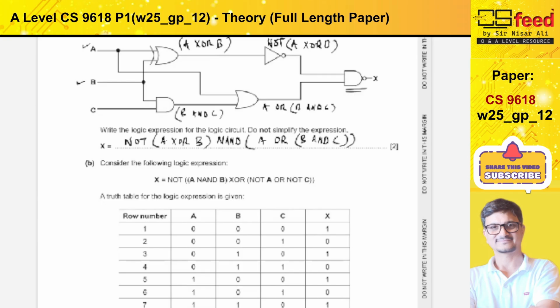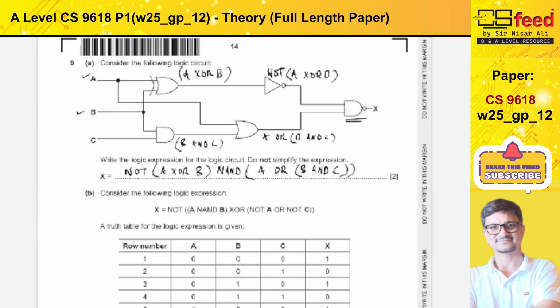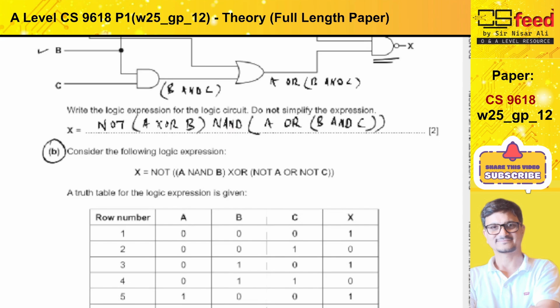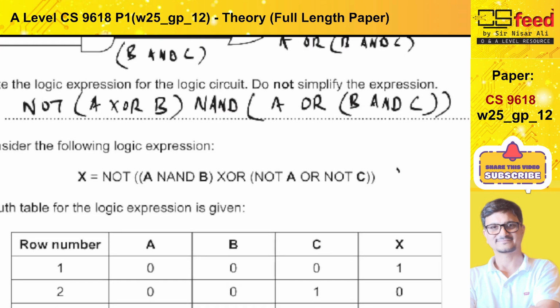Now the question's B part. Now we just need to do the interim working on this expression. This is the expression that we have to resolve, and you need to work on it in a separate rough area.